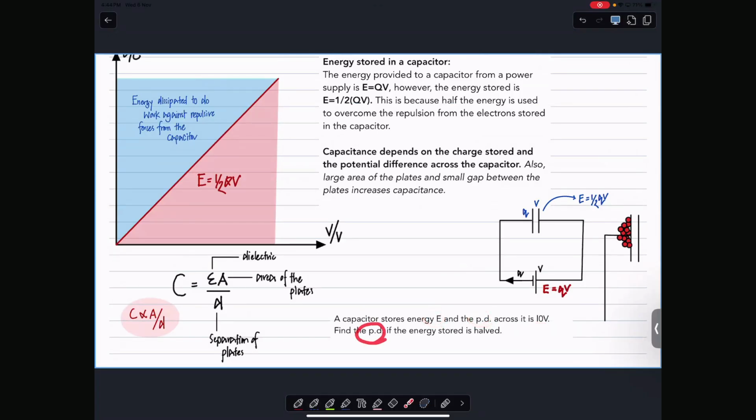Find the voltage or PD when half the energy is stored inside the capacitor.